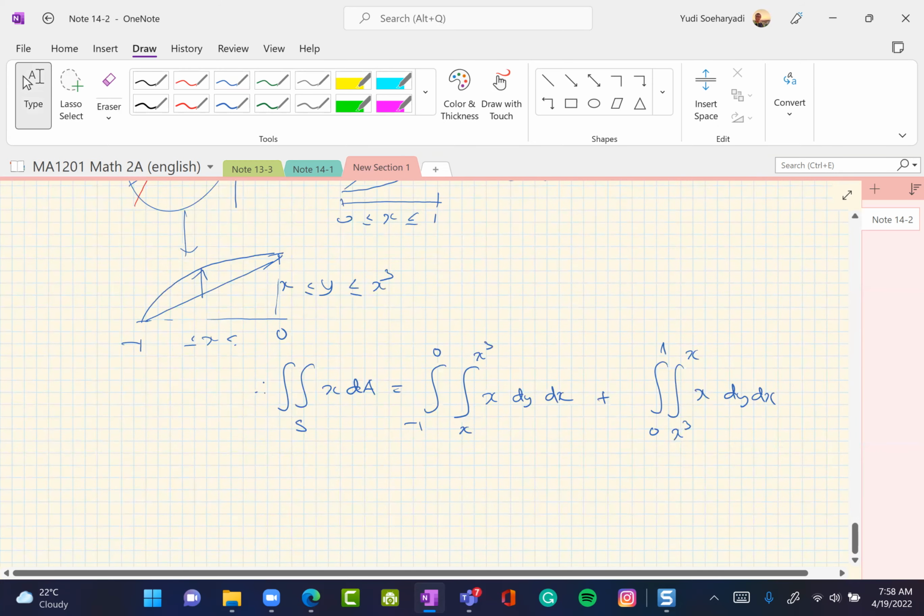And you can compute this easily. For example, here because you integrate with respect to y, x goes out. Questions?